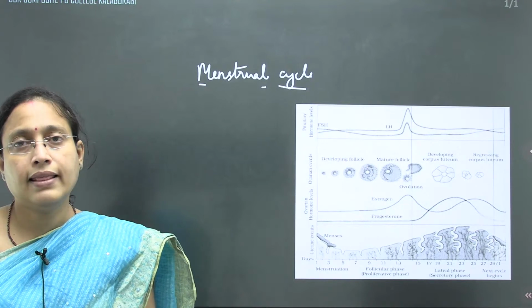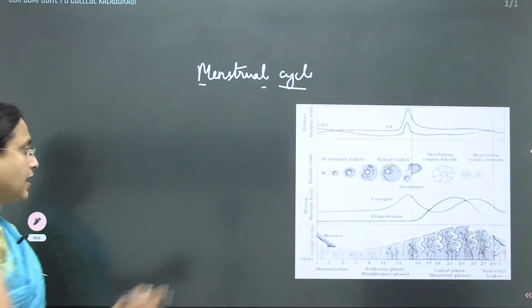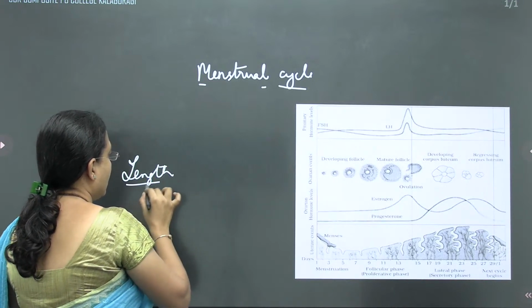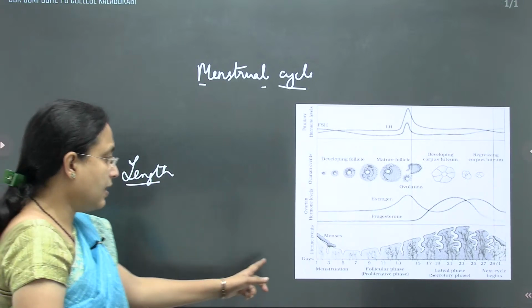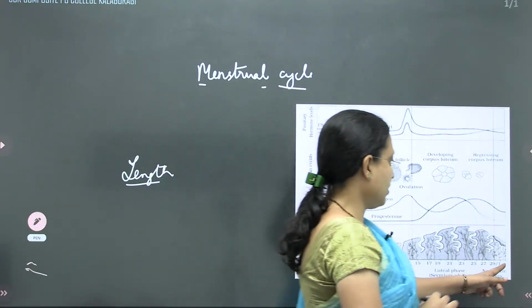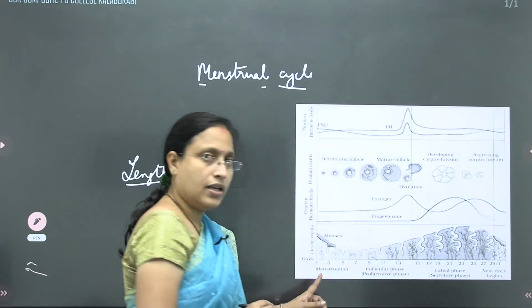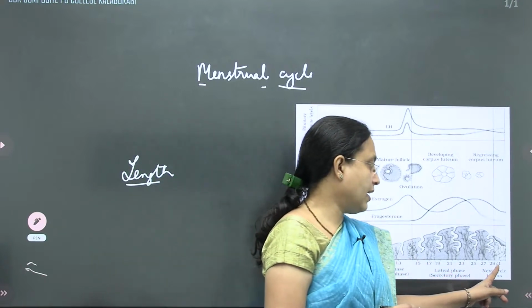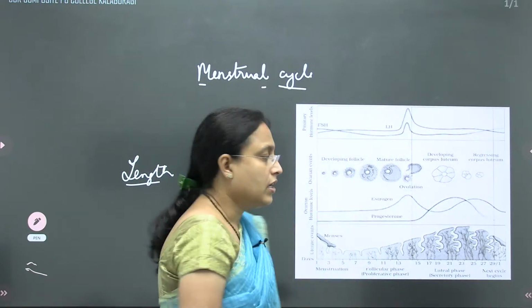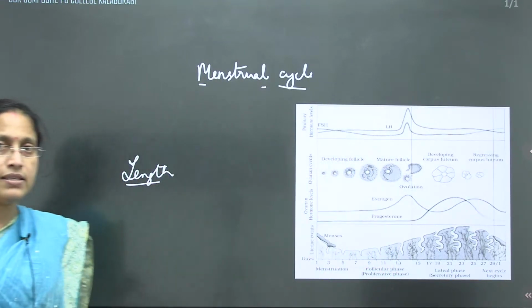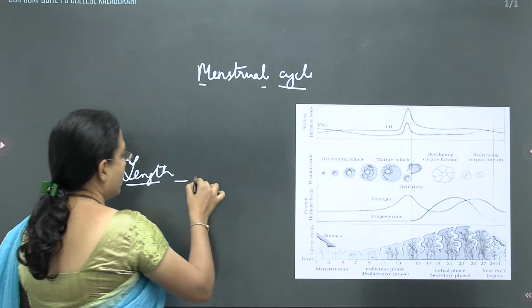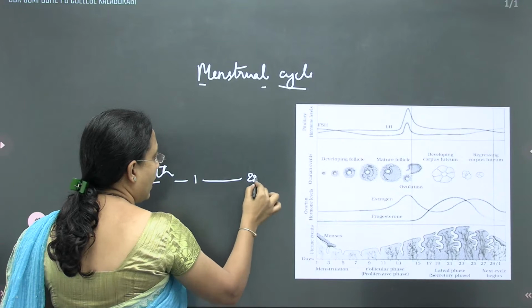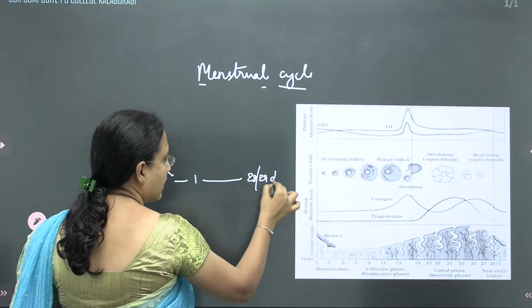So what is the length of the menstrual cycle? Length of menstrual cycle is represented in this diagram horizontally here. It will begin from day 1 and normally it will end in day 29. If the discharge begins, that is considered to be the first day, till the next 28 or 29 days.